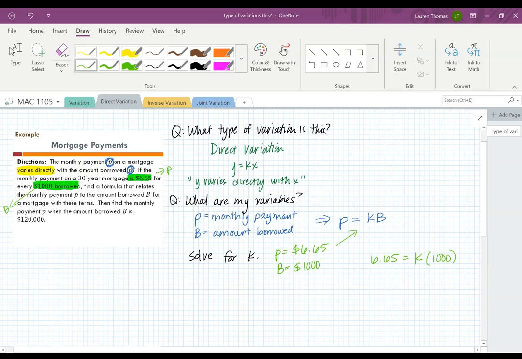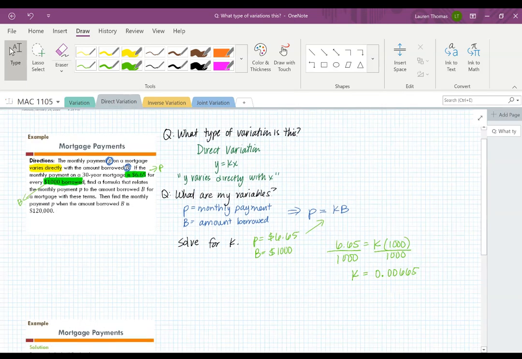So since we're solving for K, that means we need K isolated on one side of the equation. Isolated, remember, means by itself. So I'm going to divide each side of my equation by 1,000. When I do that, K is equal to 0.00665. That's my K. So now that specifies my model.